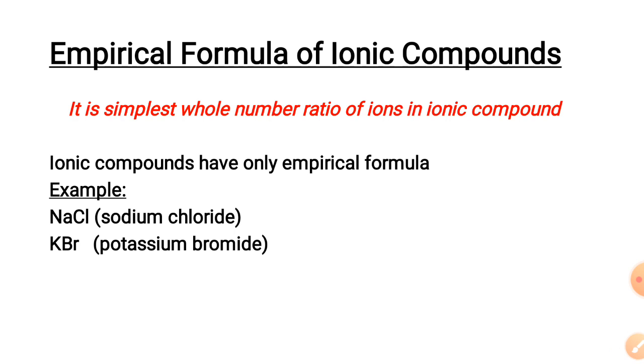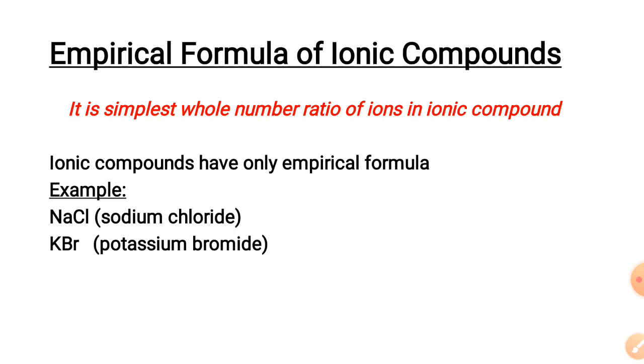Then we studied silica. The empirical formula of silica is SiO2, which is a covalent compound, and glucose C6H12O6, its simplest whole number ratio is C1H2O1. Yes. The next one is ionic compounds.